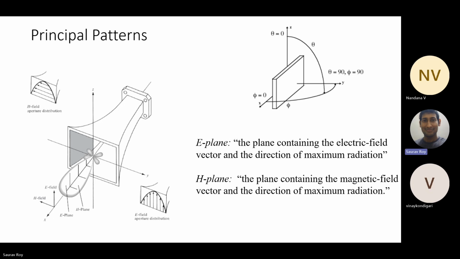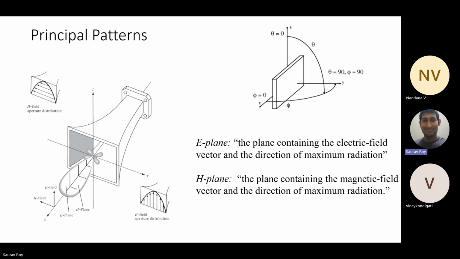In X it is maximum radiation. In Y is the E field. We want broadside radiation, right? In the antenna we fabricate, it should have a broadside radiation. That is what we want.